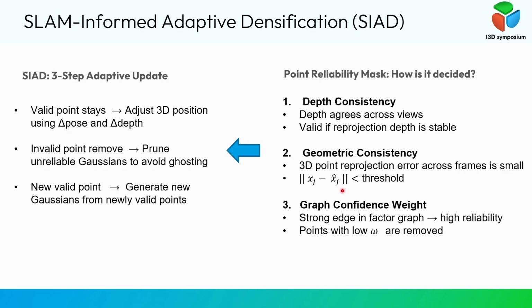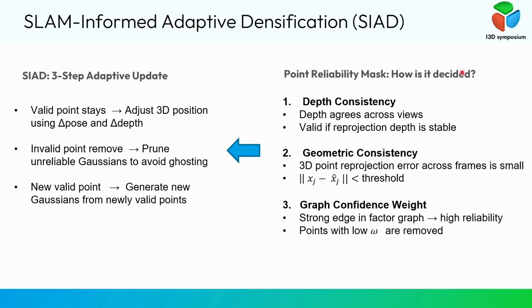So first we refine the Gaussians. Firstly, we designed a mask to decide which points have reliability, or which points need to be modified. We basically designed a strategy based on 3 different constraints. The first one is depth consistency.